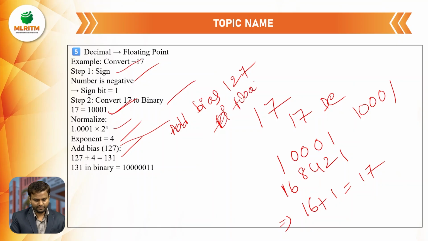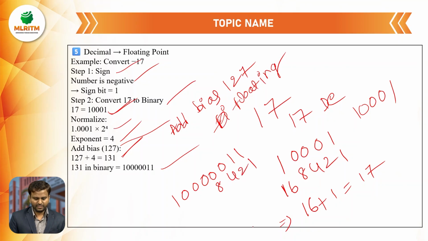The exponent is converted as 131. The binary of 131 is calculated with 8, 4, 2, 1 and so on: 2 times 8 is 16, 16 times 2 is 32, 32 times 2 is 64, 64 times 2 is 128.